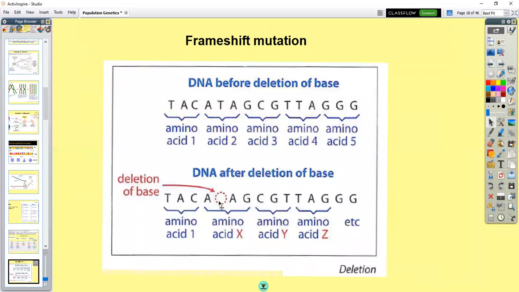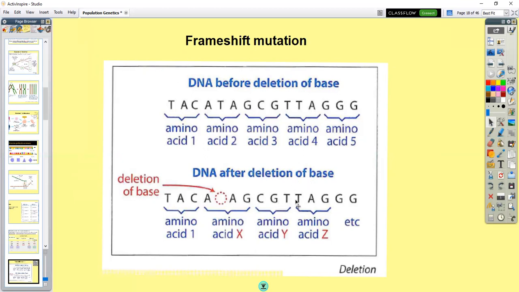Okay, the other type of mutation is a frame shift mutation. So if there's a deletion, so here we can see if this T up above was deleted during cell replication, then the amino acid TAC would be the same down below. ATA would then suddenly change to AAG, which would be a totally different amino acid. GCG, the G's moved to there, so that would change as well to CGT, a different amino acid.